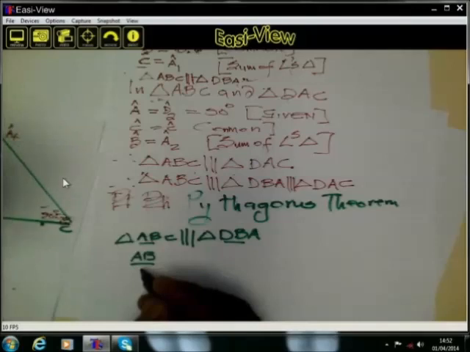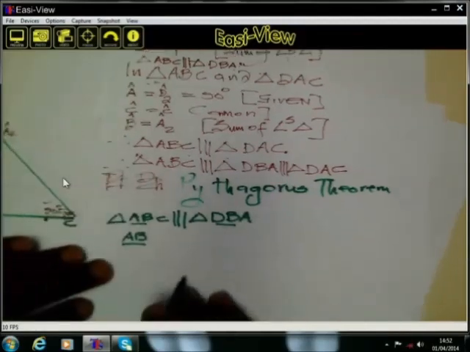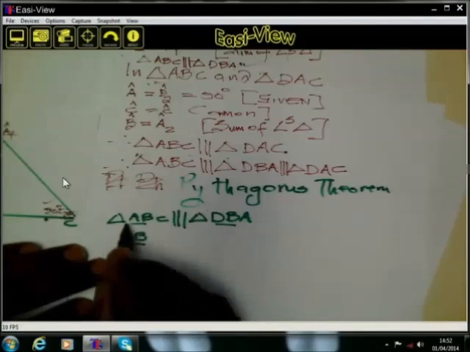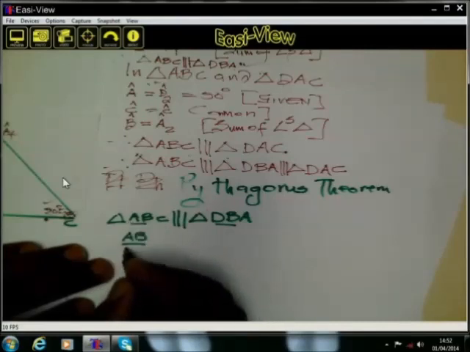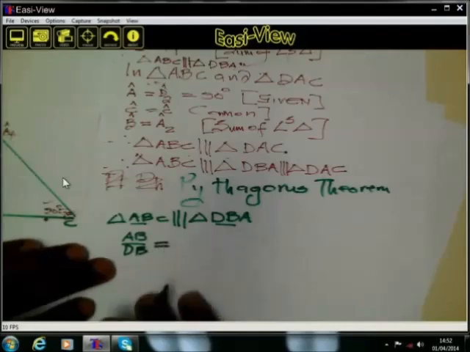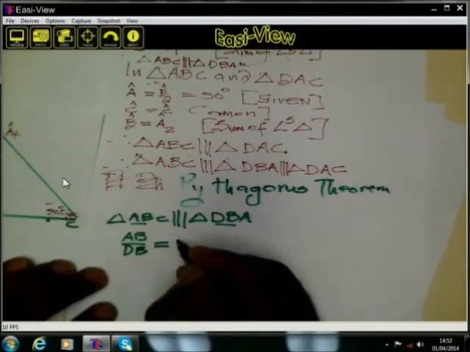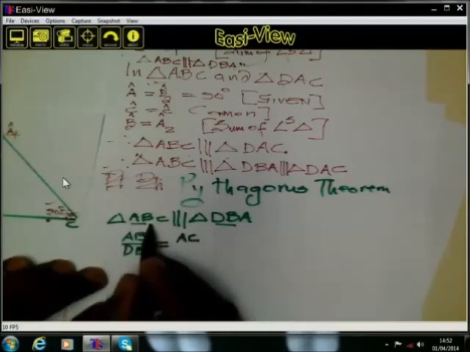When triangles are similar, their sides are in proportion. Side AB must be proportional to side AB. Hence I write AB over DB must be equal to side AC of this triangle.